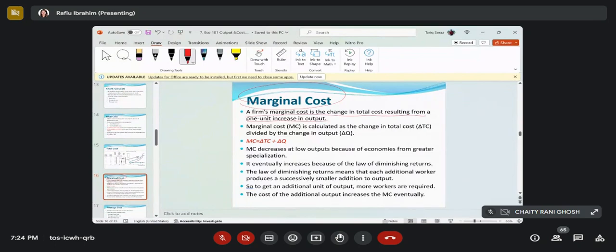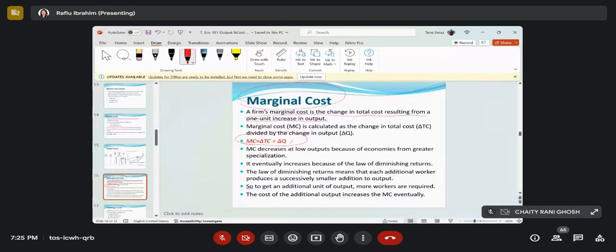So if you are increasing your output from 1 to 2, how much does your cost increase by that? Okay, that is called the marginal cost. So by formula, marginal cost is equal to change in total cost divided by change in quantity.